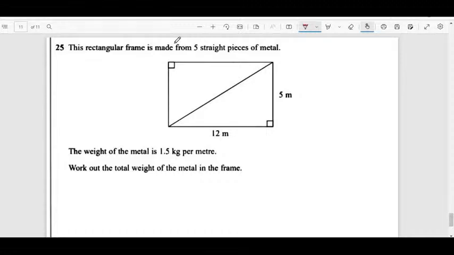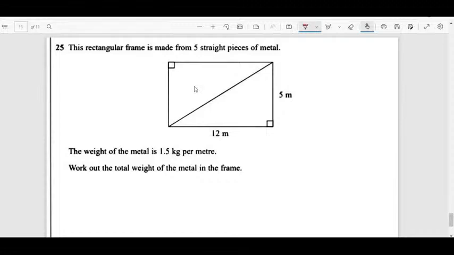Yes, Salim, can you do it? Okay, both the students are getting the same answer, but actually the answer is different.